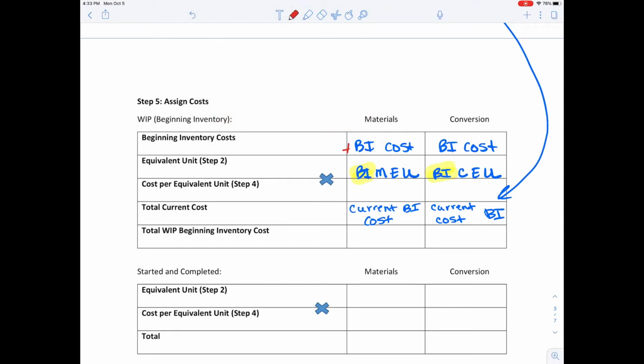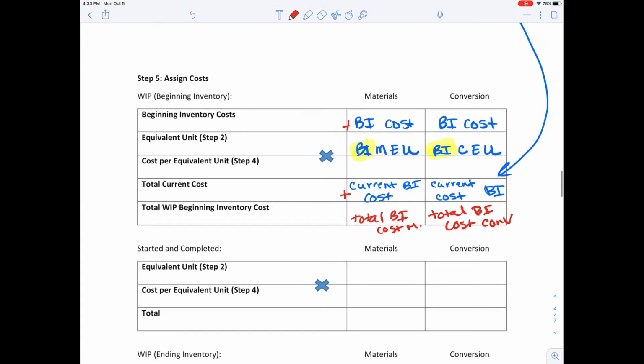We would add together the beginning inventory costs and those current costs to get that total beginning inventory cost for materials and that total beginning inventory cost for conversion.